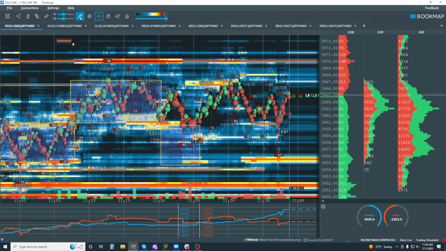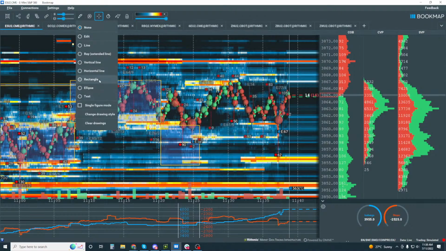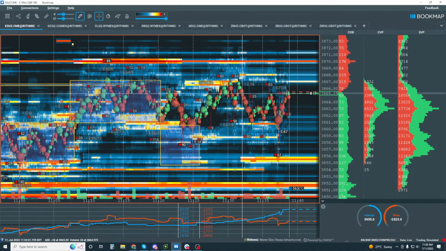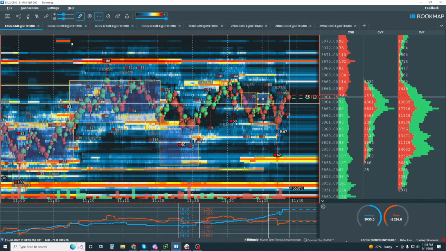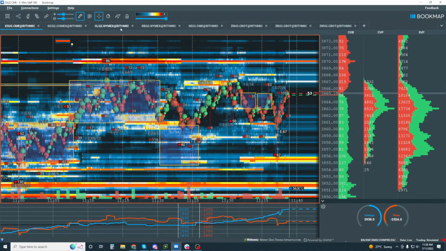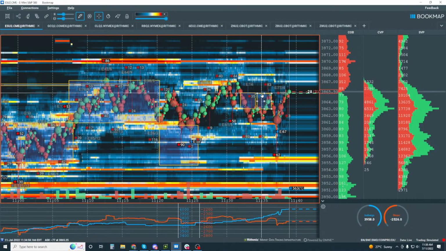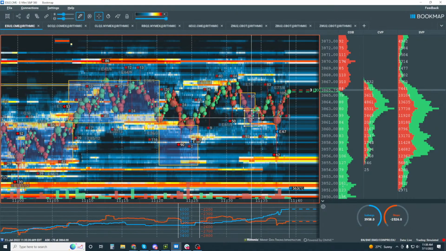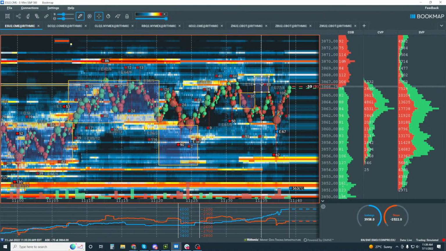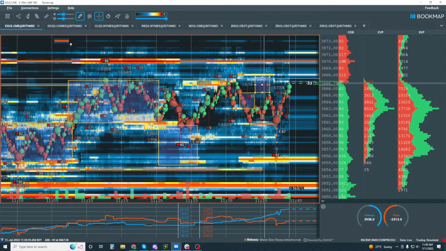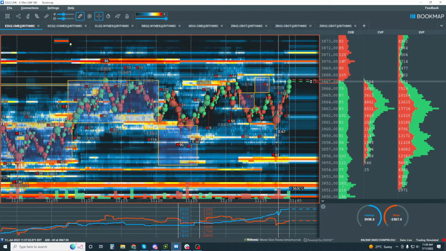Or you could have another consideration in here, and let's just go through a very simple way. Here's where we took some off. Okay, so we got in. We took some off there with that rectangle. This rectangle here, this is where your overall stop would be up here, and it would be break even now.